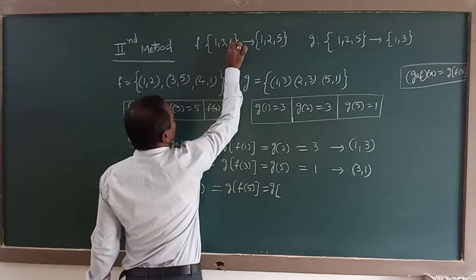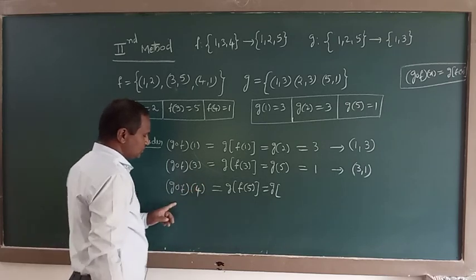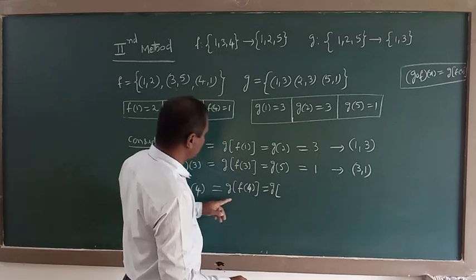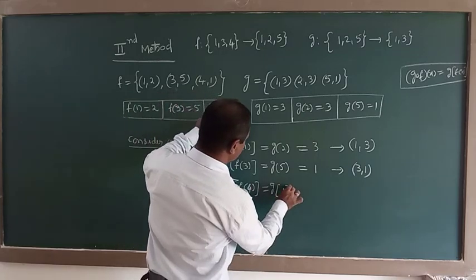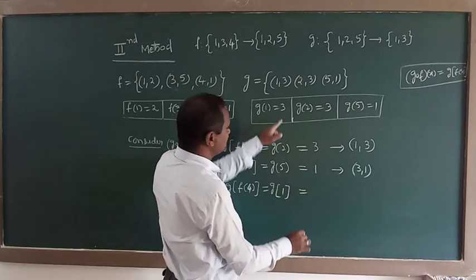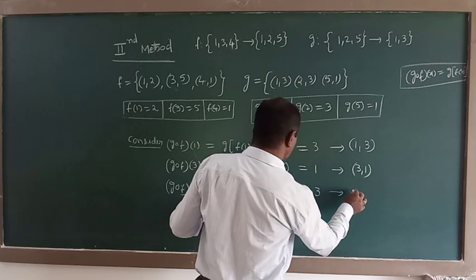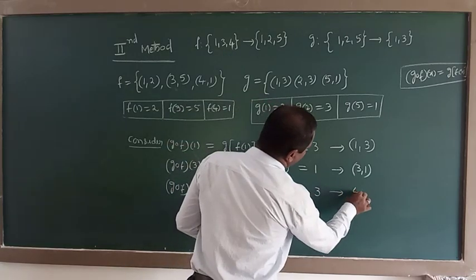G circle f of 4 is equal to G of f of 4. What is f of 4 here? 1. G of 1 is how much here? 3. That's why for the last element 4, the ordered pair is (4, 3).